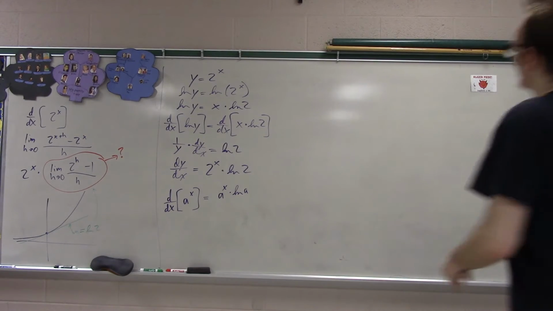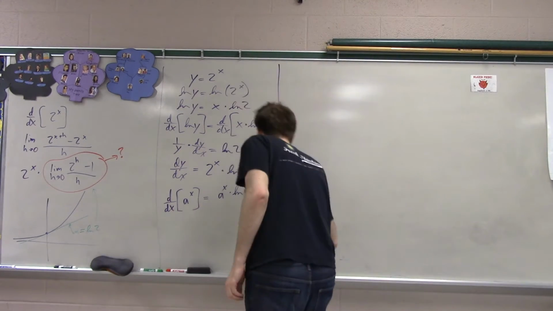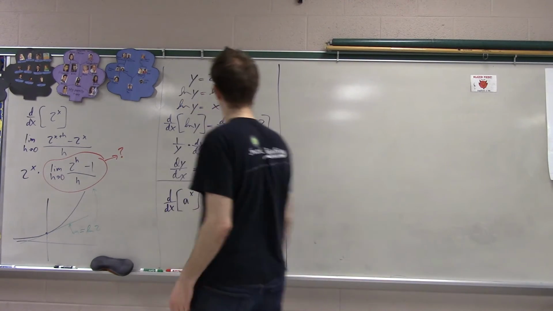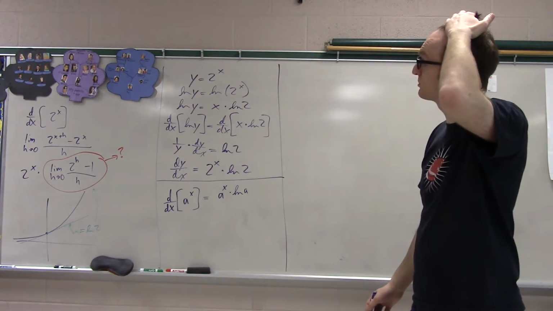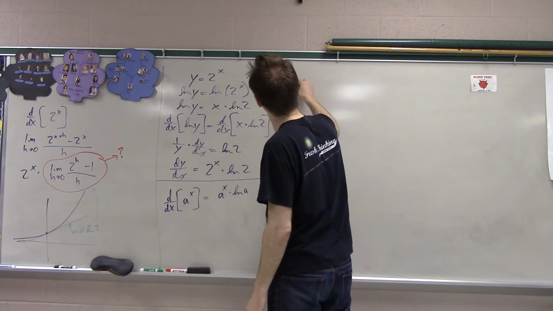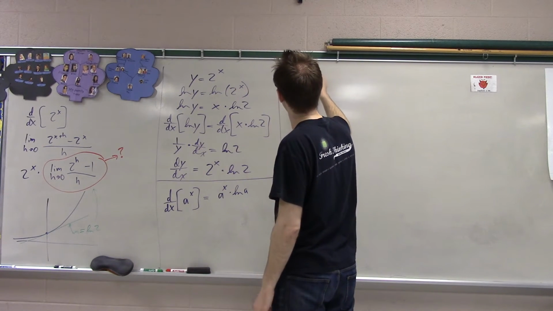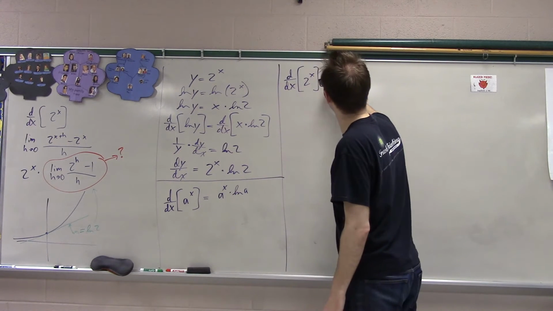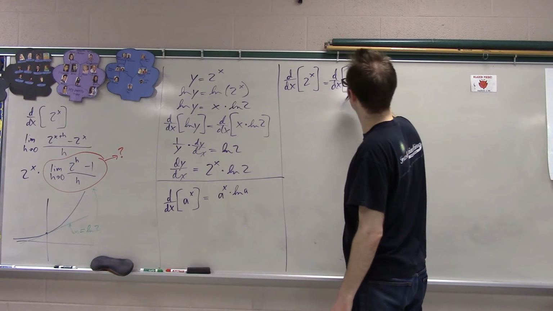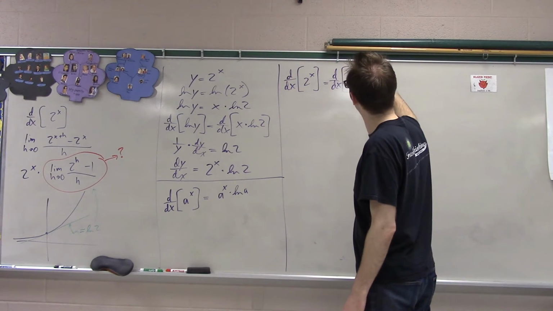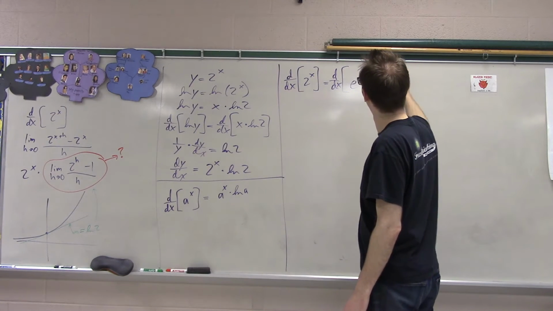Alright, this is a way to do this. In every other previous year, I did this a different way, which I always liked better, but the students hated it. You might like it, so we'll talk about that now. Another way to do this is to be very fancy with your log rules and think of 2 to the x as e to the ln of 2 to the x.